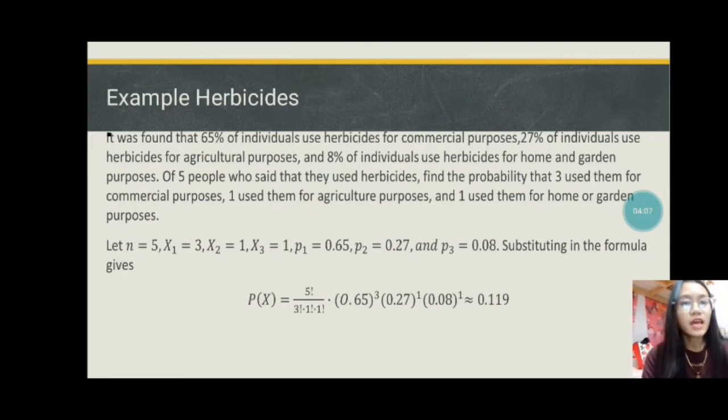It is given that n is equal to 5, x sub 1 is equal to 3, x sub 2 is equal to 1, x sub 3 is equal to 1, p sub 1 is equal to 0.65, p sub 2 is equal to 0.27, and p sub 3 is equal to 0.08.